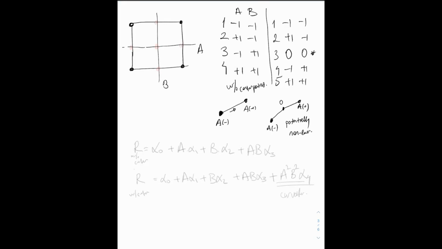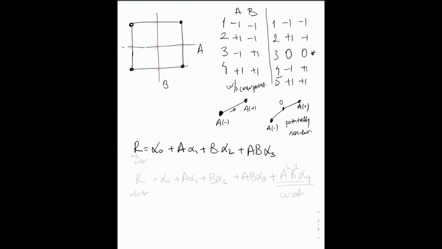And if you look at your system response equation here, it will be alpha 0 plus A times alpha 1 plus B times alpha 2, and plus AB times alpha 3. And you can see that this is a linear equation.